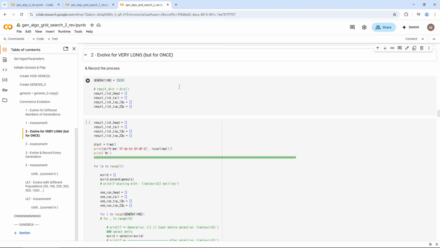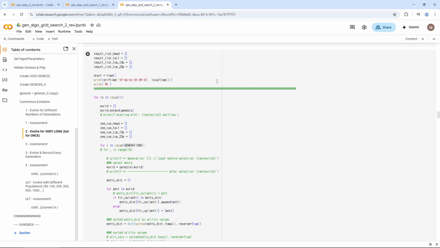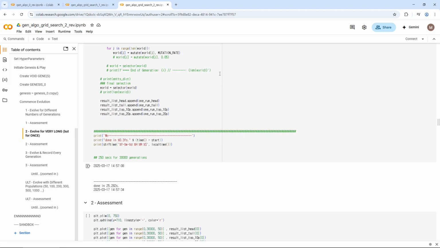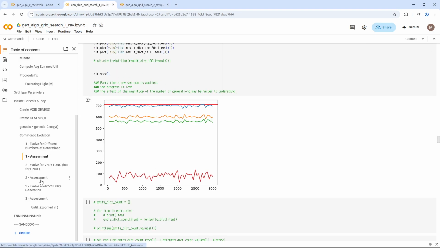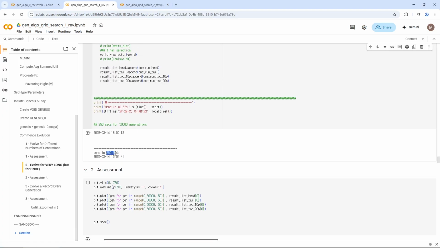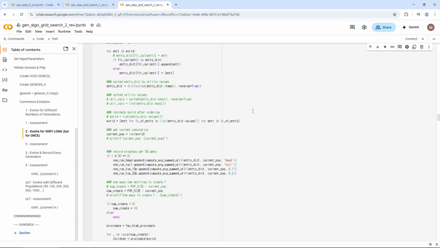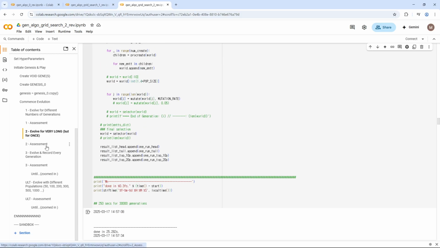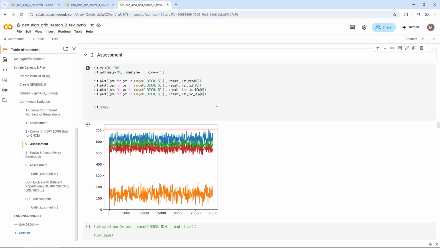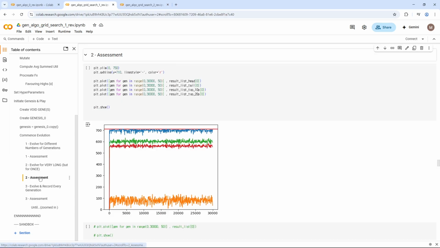Next, I evolved it for a very long time, but with 50 entities in the population, and that took 269 seconds, which sounds about right. Again, with 50 entities, if we look at the assessment, the heads, the tails, the top 10%, the top 20%, they oscillate a lot, whereas here they don't oscillate that much.